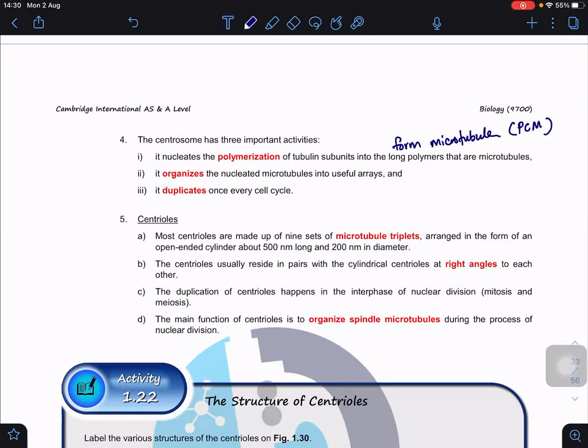But after I form the microtubule, I want to make sure it is a functional or useful array, so the centriole will help to organize. This is done by the centriole. So the centriole organizes the microtubules into a useful array. Students always get confused about the role of the centrosome versus the role of the centriole.